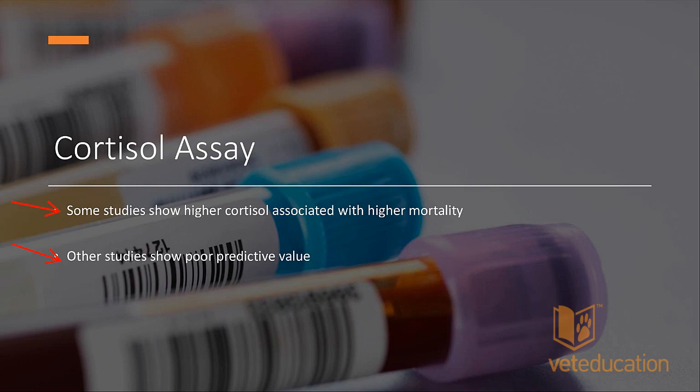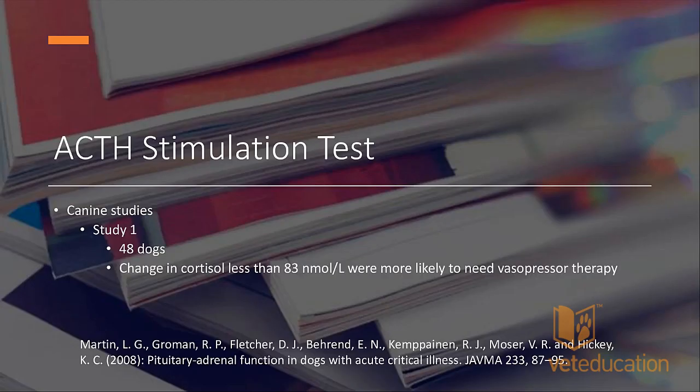I would say that if you had higher cortisol concentrations, you might be inclined to think maybe my patient has more severe illness, because there's much greater stimulus to produce cortisol from its adrenal gland. Does that mean that patient has critical illness-related corticosteroid insufficiency? We don't know enough about baseline cortisol assays to say that right now. And the studies that came out after the initial study that showed a higher cortisol was associated with high mortality showed pretty poor predictive value based on baseline cortisol concentrations.